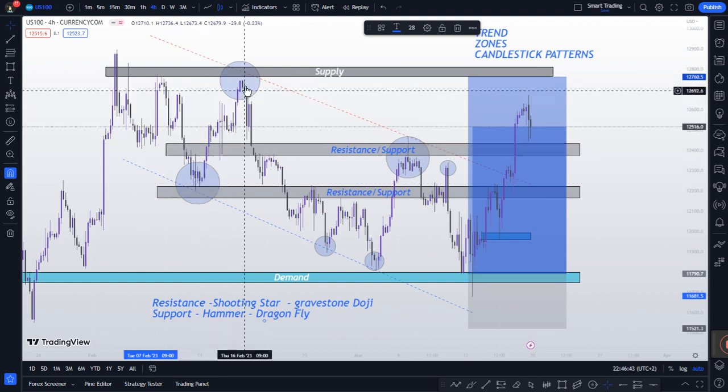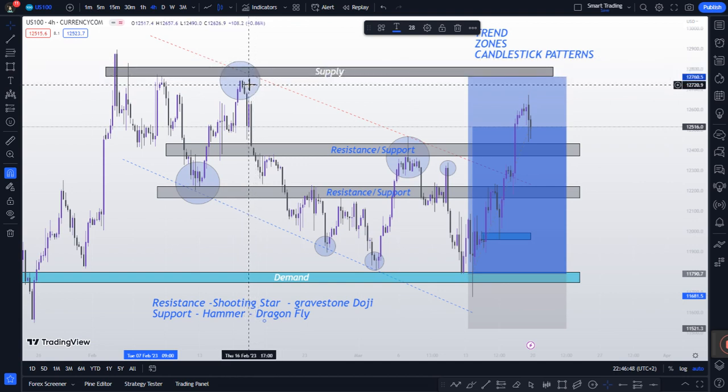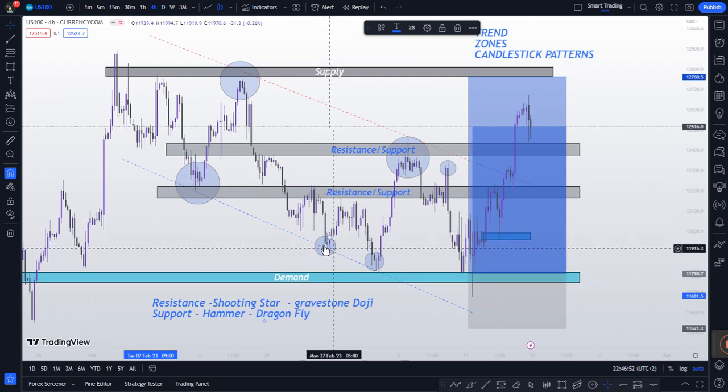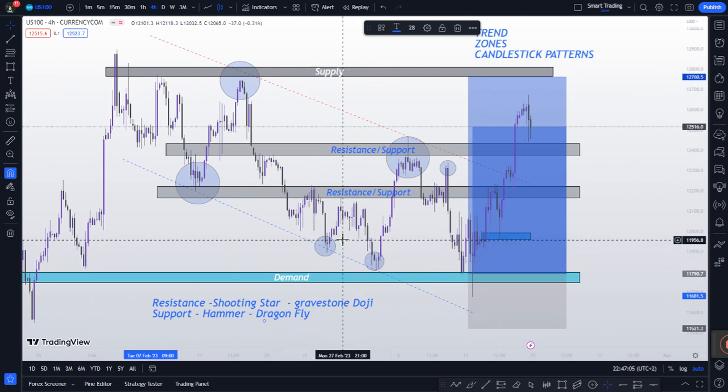It bought all the way up, and here at resistance, right, we had what? A shooting star. It shot all the way downstairs, and here we had an indecision. What? Doji, right? This doji is indecision. As you can see, it has a lower body, but both the upper wick and the lower wick are extremely high.